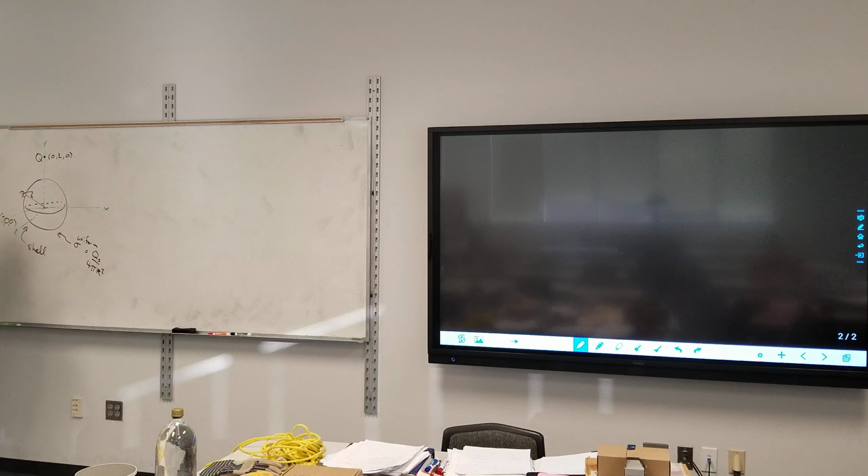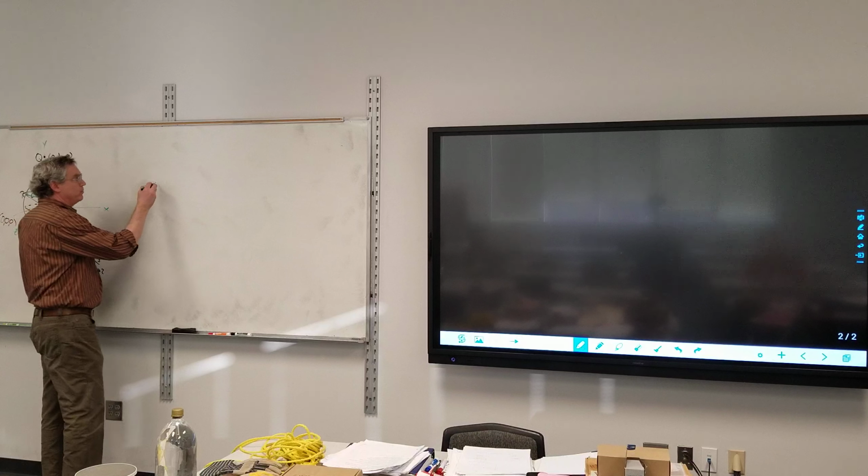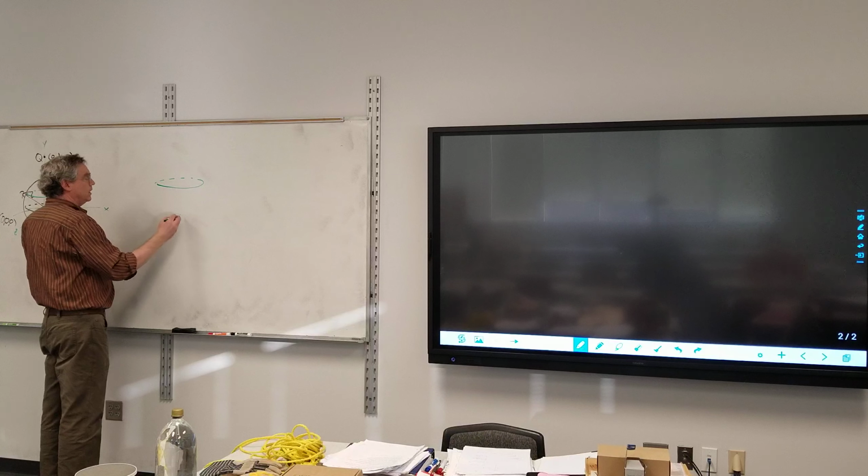So I'm going to look at a ring running along here, and look at the force coming from this ring, and then integrate. So if we sort of expand that, I've got my ring here. I got the center here.